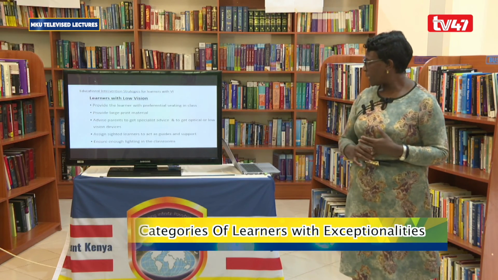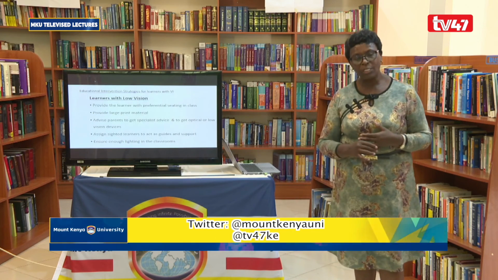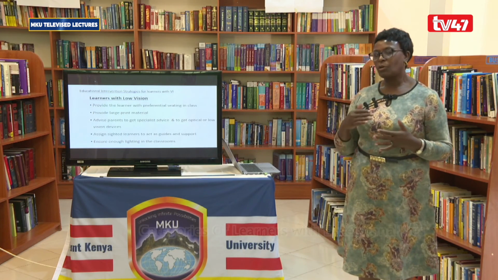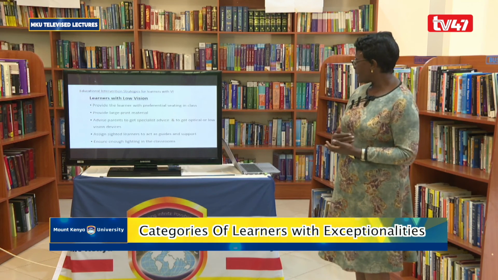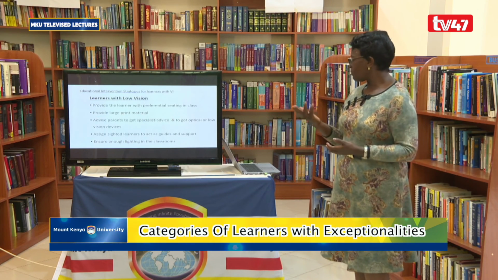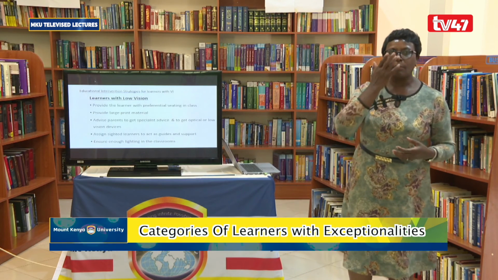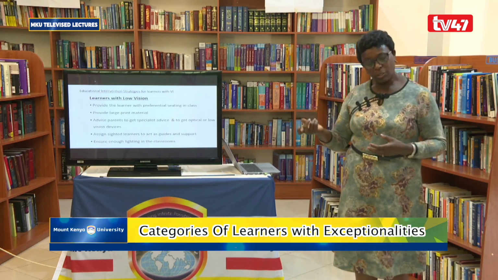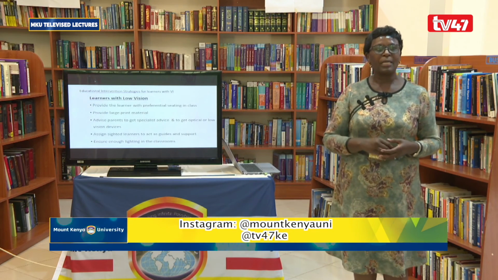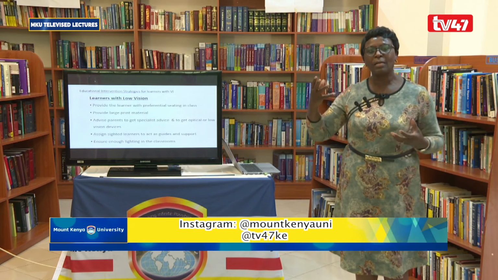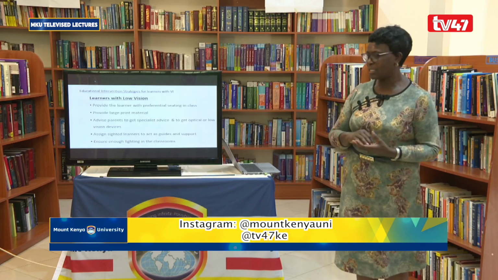Advise parents to get specialist advice and to get optical or low vision devices. If we are not able to offer large print material, there are assistive devices for low vision. Mostly they can even use spectacles depending on the specialist advice, but some will also do with just a magnifying glass, a magnifier, something that can magnify whatever they are reading.